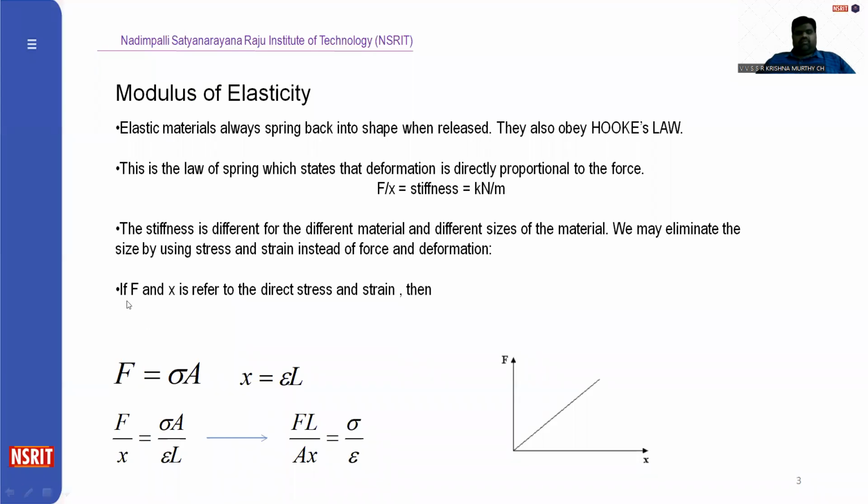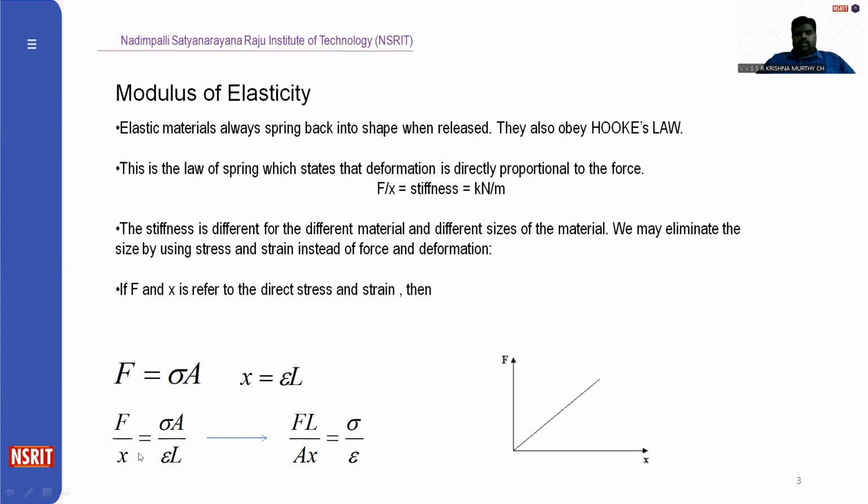If F is the force applied and X is the deformation, then we know that stress is equal to load by area. So force, or load, we can write as sigma into A, and strain is change in length by original length, that is x by L.